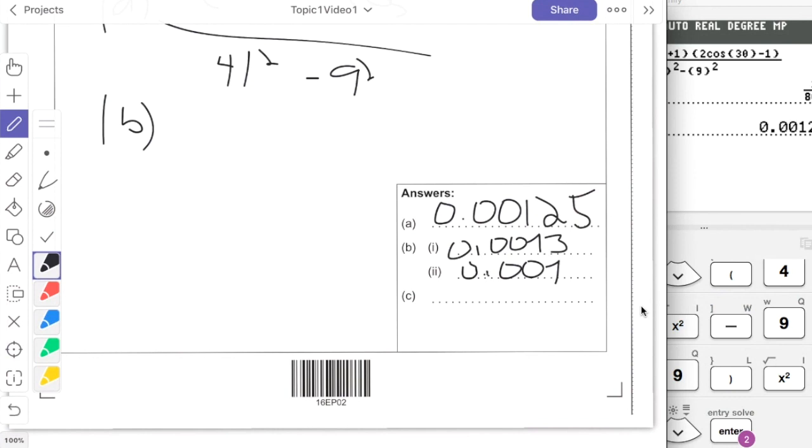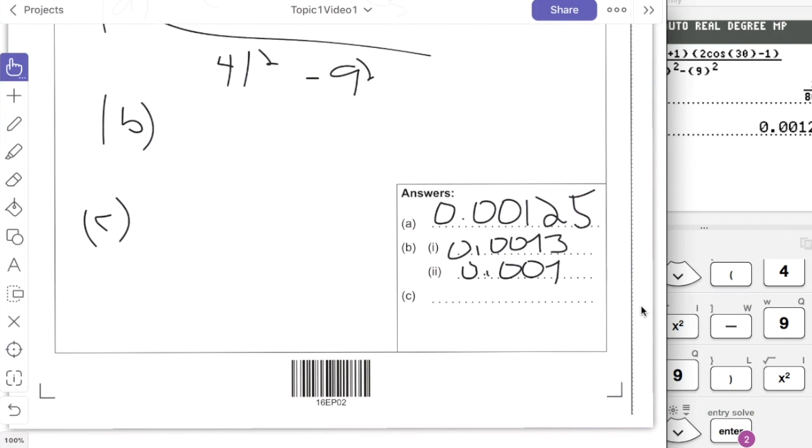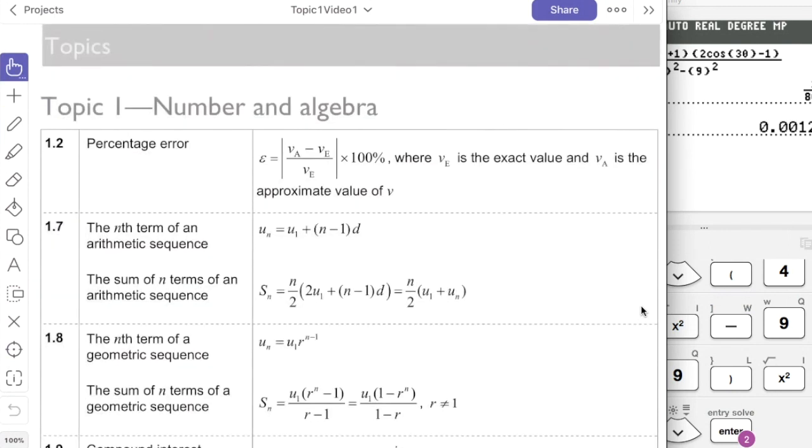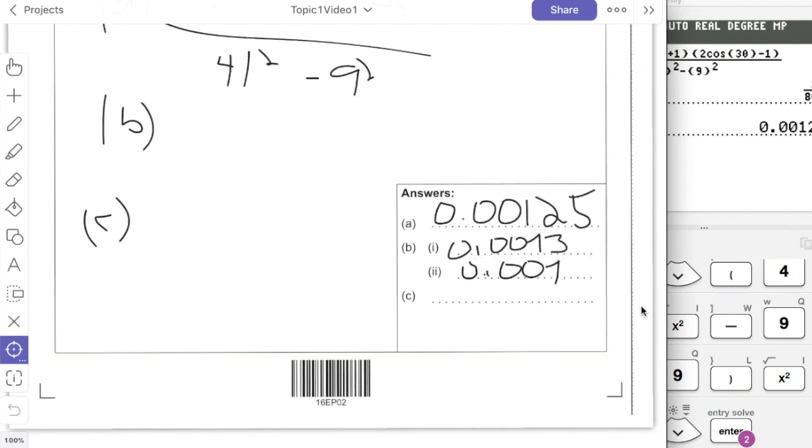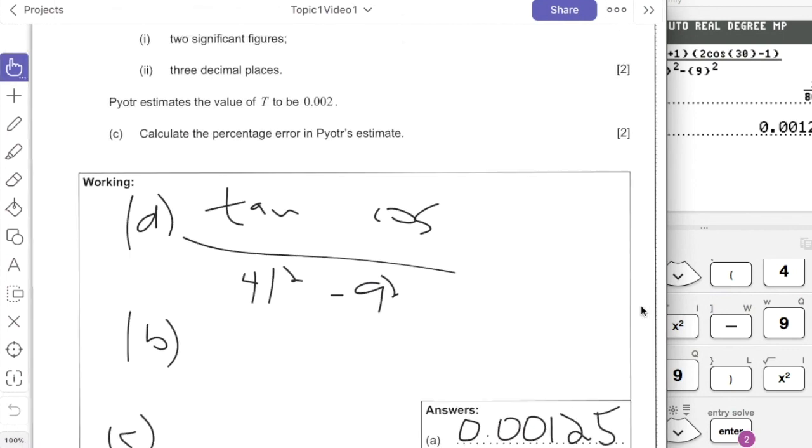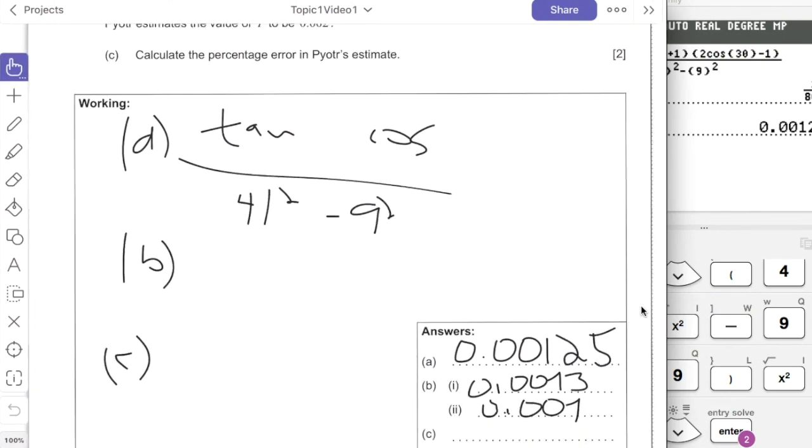Okay, and now the calculation for percentage error. Take a look back here at the formula for percentage error. We're going to have the approximate value minus the exact value over the exact value, absolute value of that, times 100%. So take a look up here. What was my approximation? 0.002.